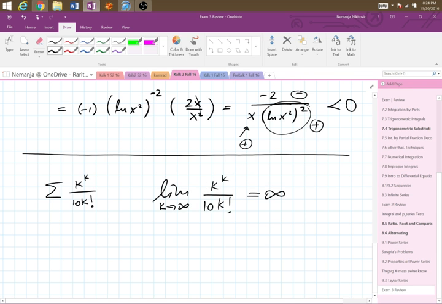So now this is not 0, and because the limit is not 0, it diverges by the divergence test. So this problem you can solve in 17 seconds by the divergence test, or spend 5 minutes doing the ratio test. You will get the same conclusion because the answer is divergent.